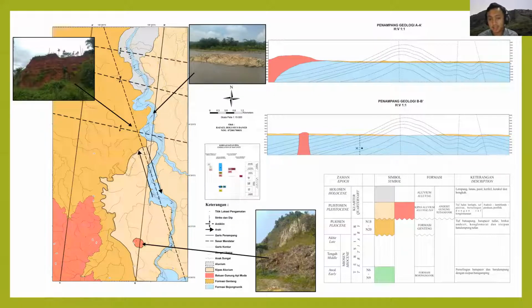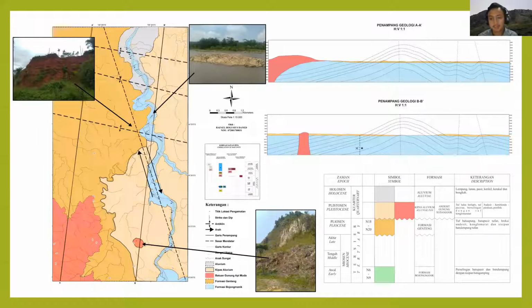Then it was faulted in a northwest-southeast direction based on Nuriana 2018, which formed an en echelon fault in the middle Miocene to the late Miocene. Erosion and weathering occurred in the early Pliocene, and the Genteng Formation rock was deposited at the same age.